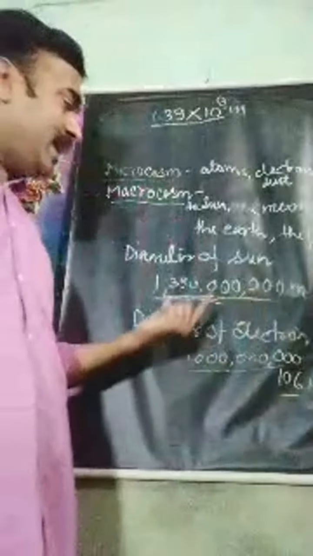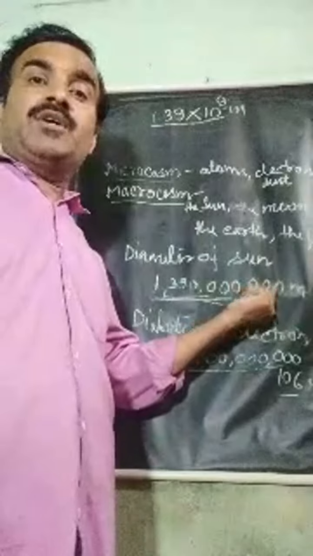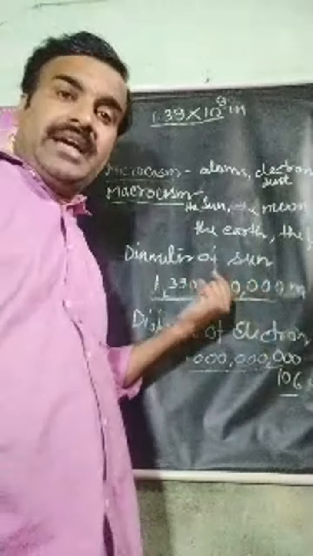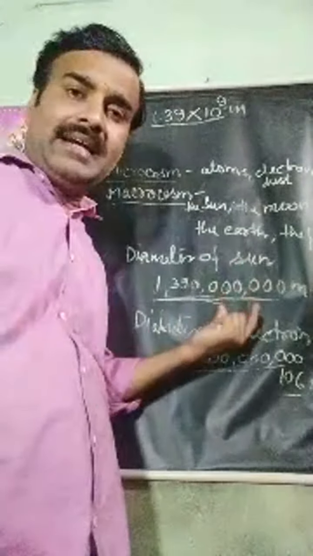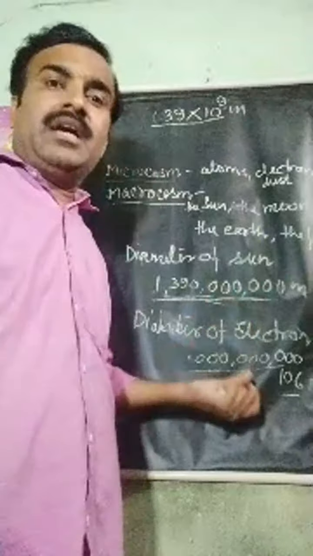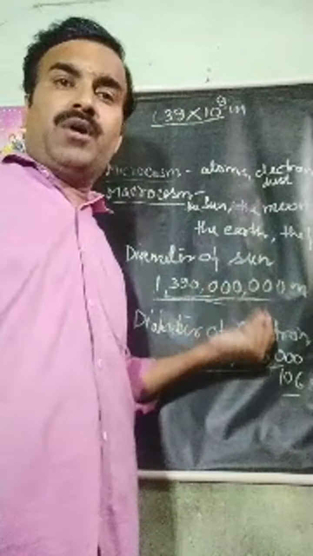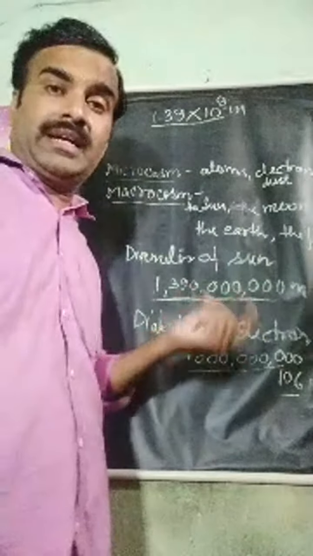If we do not write in this form, it will be quite difficult to calculate any numerical problem, whether we add, subtract or divide. Any type of calculation will be quite difficult for us.